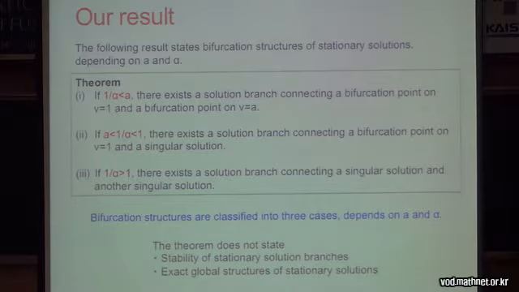But this theorem doesn't say the stability of the stationary solution branch and the exact global structure of the stationary solution. We know the existence of branch, but we do not know the stability and exact global structure of the stationary solution.